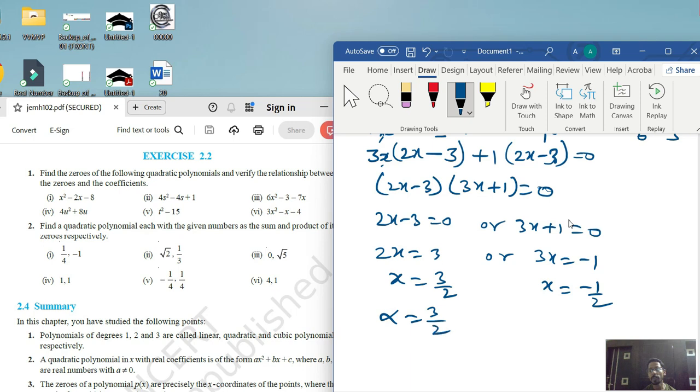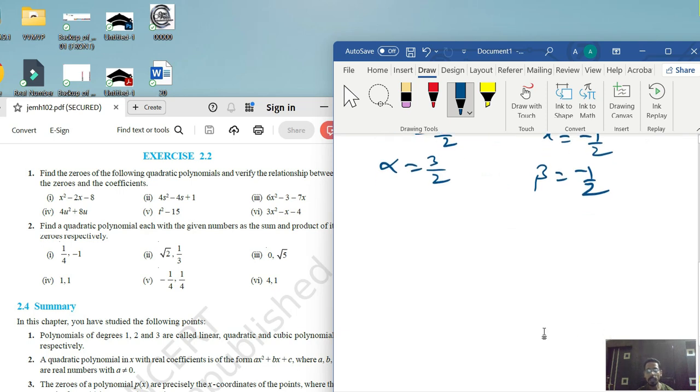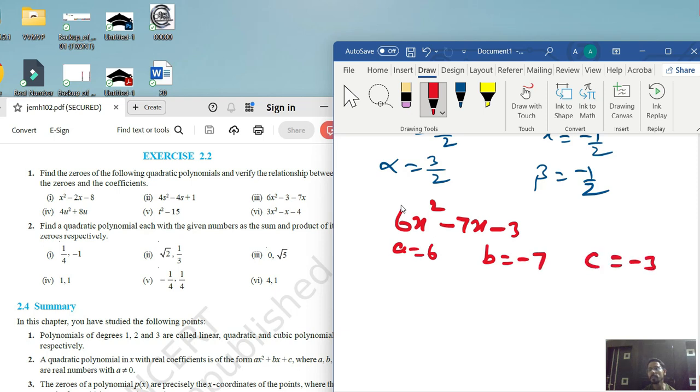Alpha equal to 3 by 2, beta equal to minus 1 by 3. Anyone you can say alpha, anyone you can say beta. Now again, let me write the equation in the right form. Okay, so A will be 6, B will be minus 7, C will be minus 3.